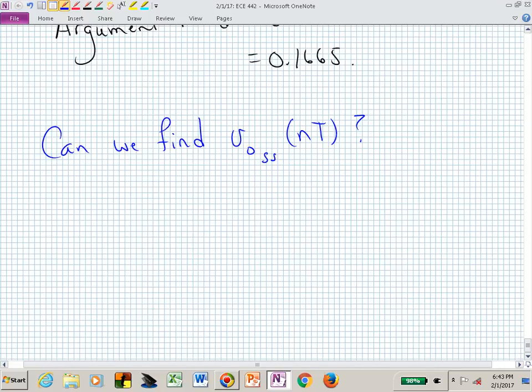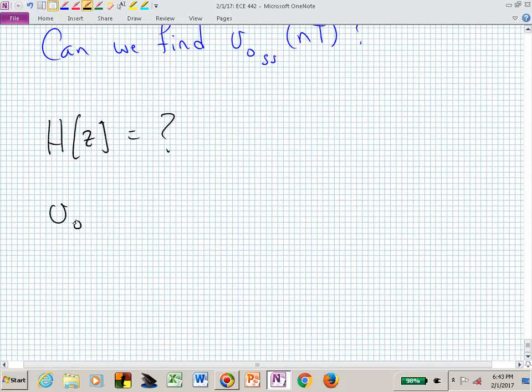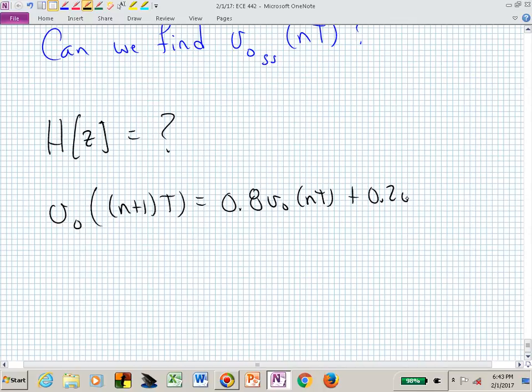Let's see if we can now find H of z, because H of s before was helpful because we could find the complex number H of j omega and use that in our determination of the sinusoidal steady state. We can actually do that here if we have our transfer function. We now have this difference equation. What if I z-transform that?